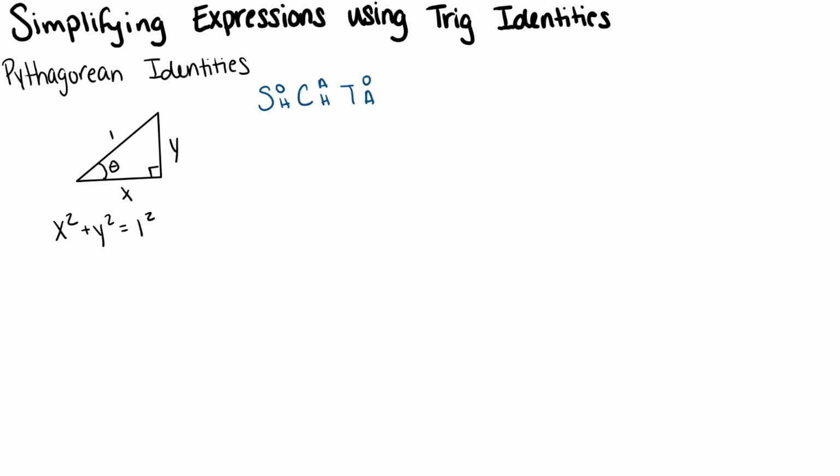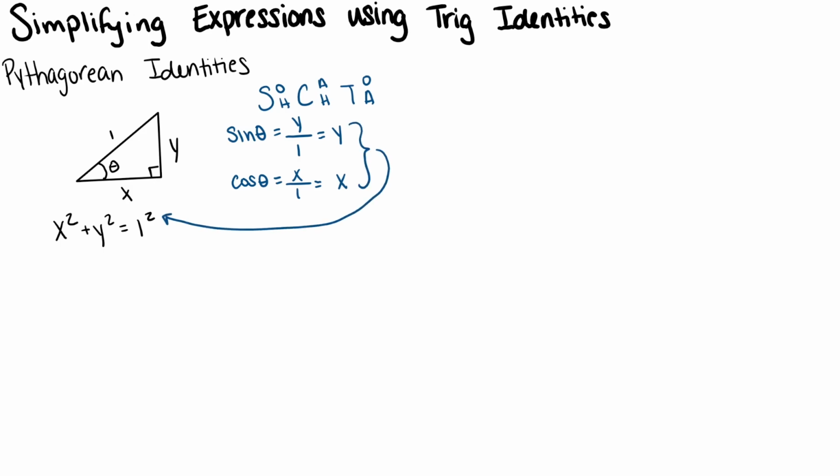So for this triangle, our sine of theta is equal to our opposite, which is y, over our hypotenuse, which is 1, or just y. Our cosine of theta is equal to our adjacent, which is x, over our hypotenuse, which is 1, or just x.